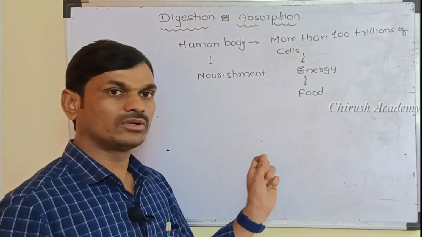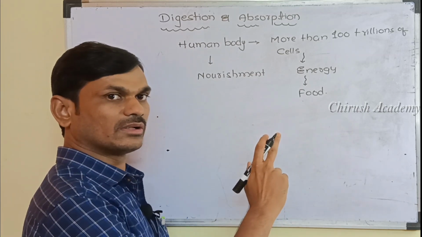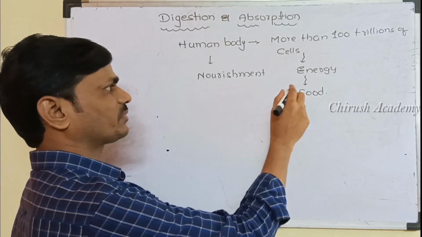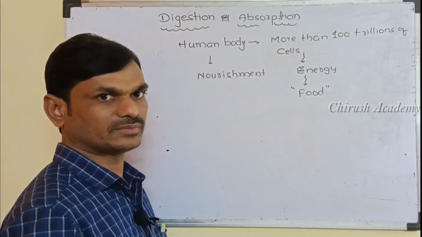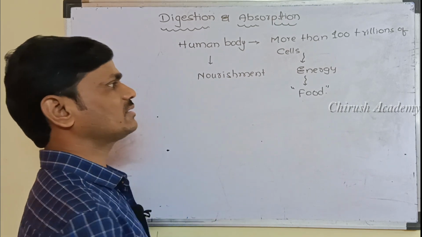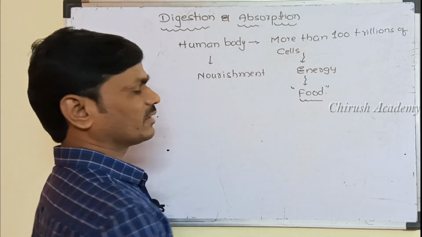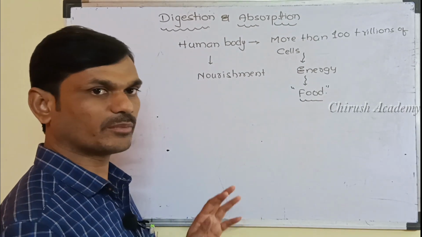The food is the only source of energy, the only chemical energy available for the cells. For the repair of damage and for the growth of the cells, a compulsory supply of food materials is very important. That is, nourishment is very important.